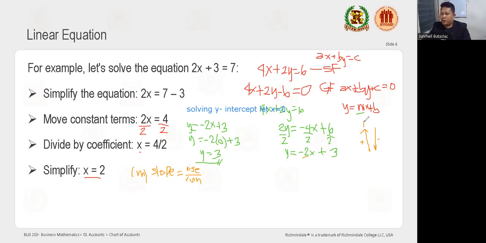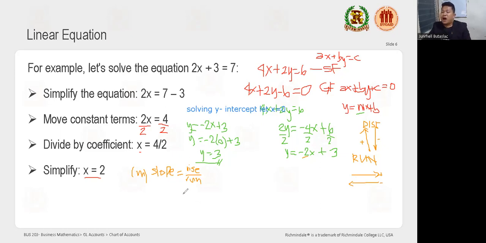That is for rise. Now for run, it will go right if it is positive, and it will go left if it is negative. That is the purpose.